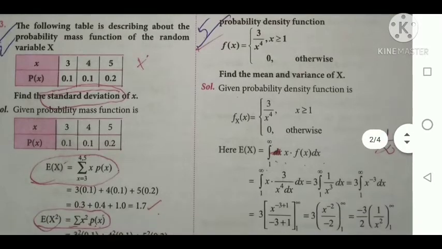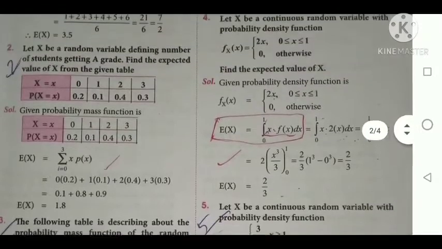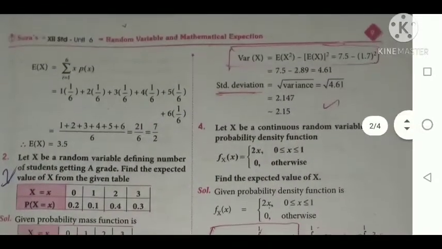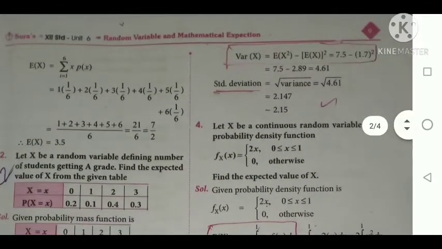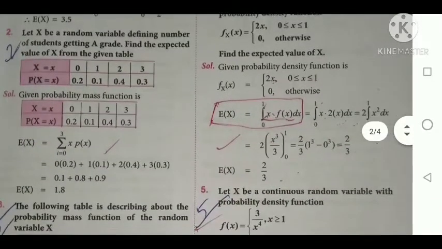Therefore, first we have to find the expected value, then apply the formula for standard deviation. The standard deviation is the root of variance. Variance is E of x square minus E of x whole square. So, we have to find E of x square as well as E of x whole square.